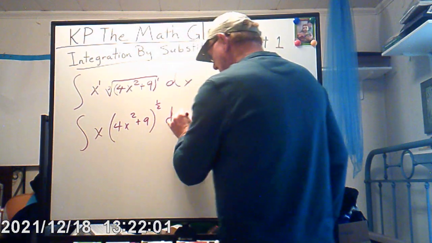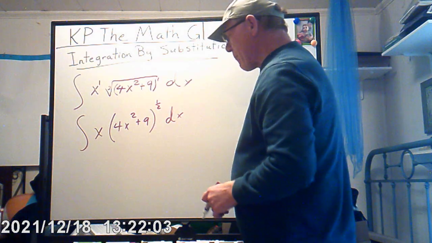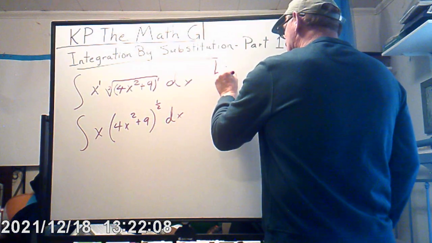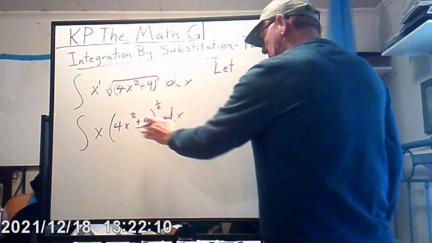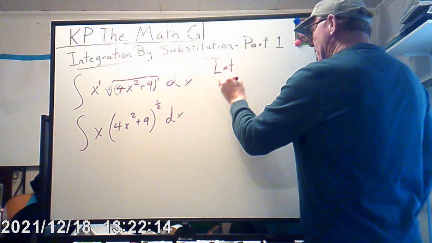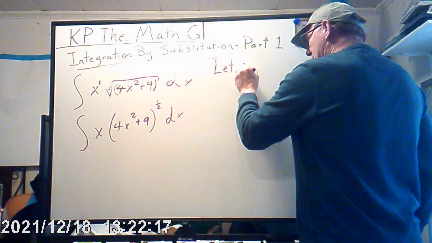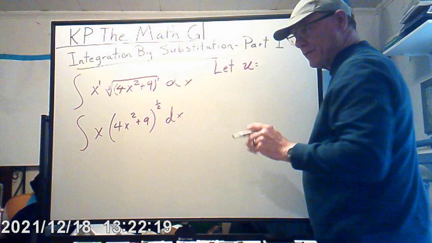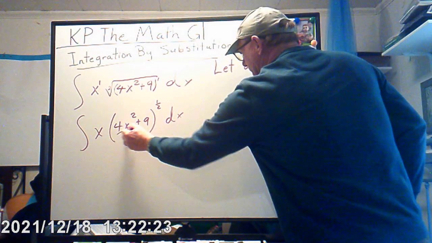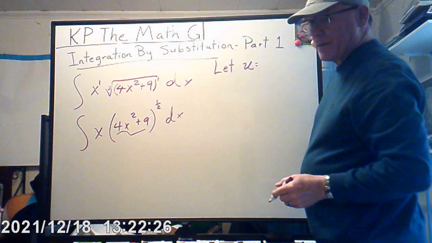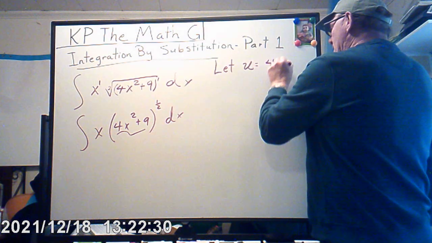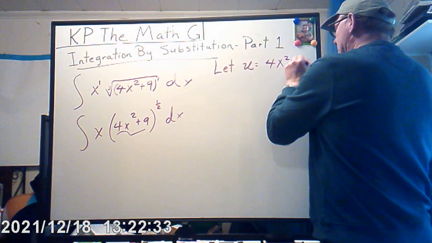We're always going to let u, as we're substituting in place of x, be something here. We're going to say let u be equal to this expression that has the bigger exponent, and I'm going to show you what happens here. u equals 4x squared plus 9.